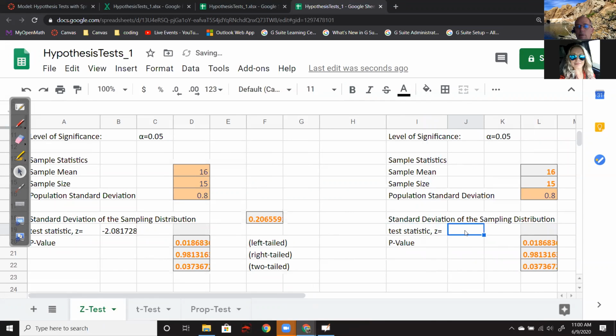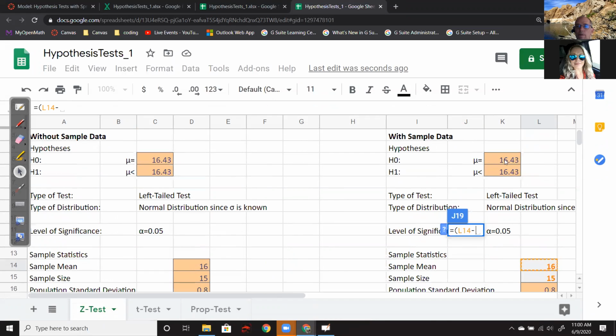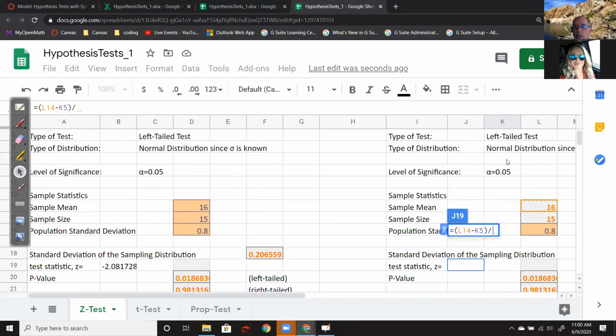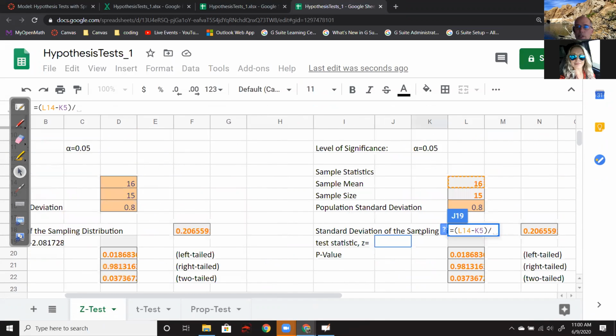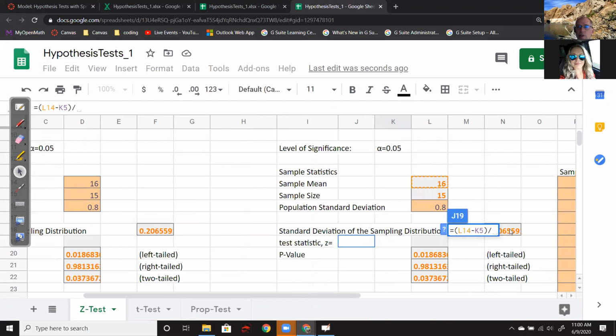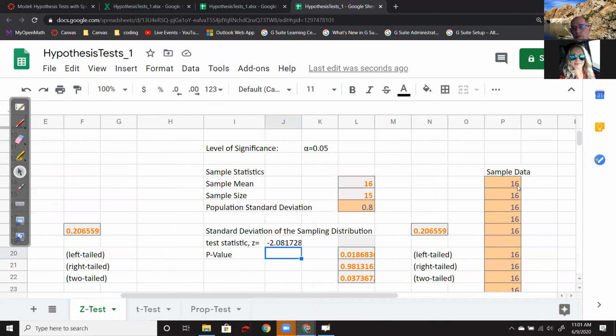And in the next cell, I pretty much do the same calculation, equals, parentheses, and it's always the sample mean minus the null hypothesis mean, close the numerator, and then divide by the standard error, which is the standard deviation of the sampling distribution. This is the second standard deviation. And I should get the same number as before, but instead it's calculated based off the sample list over here.